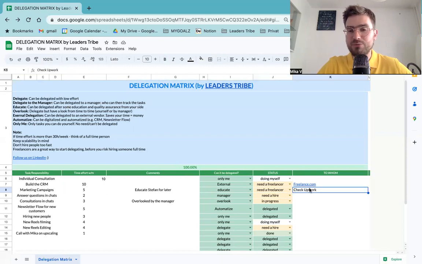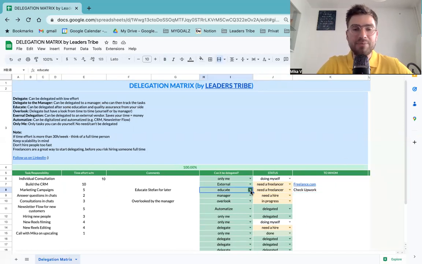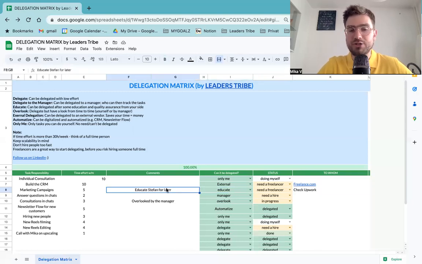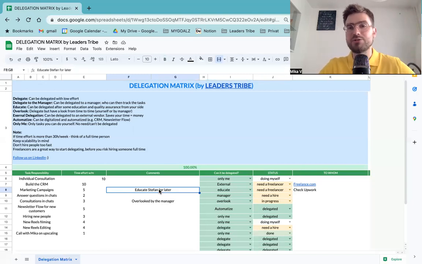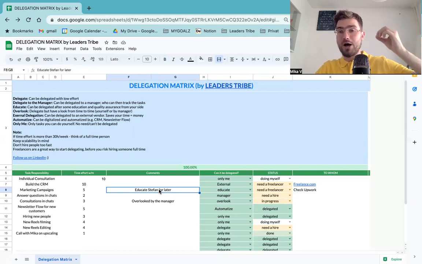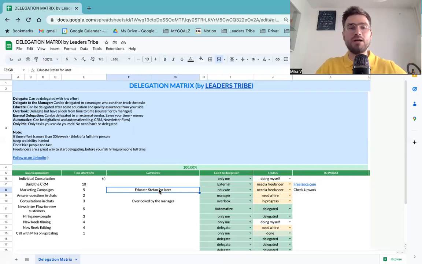We need a freelancer. We check it on Upwork here to whom it is delegated. But then I also want to educate someone. So I will be educating Stefan so that he can take it over, and I will bring him together with freelancers so that the freelancer, while working on the project, can also educate Stefan on how it's being done. Then Stefan will be competent for taking over later.